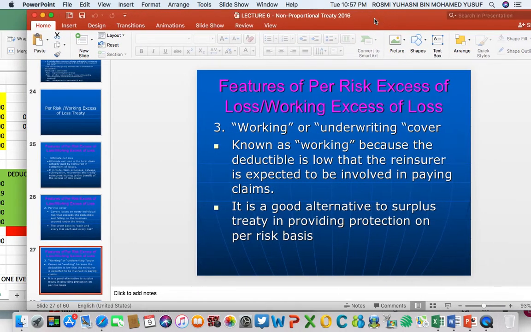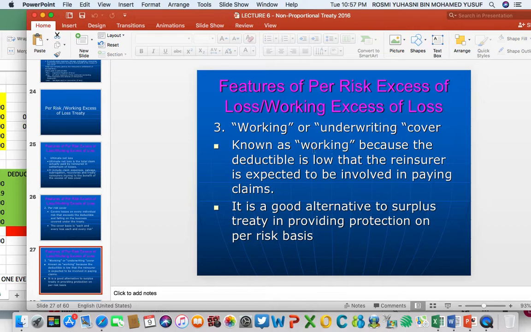Okay, the term working cover. So this is the name, working excess of loss. And the other excess of loss cover is called catastrophic excess of loss. Why is it called working excess of loss or per risk excess of loss? Working refers to the layers of the excess of loss.